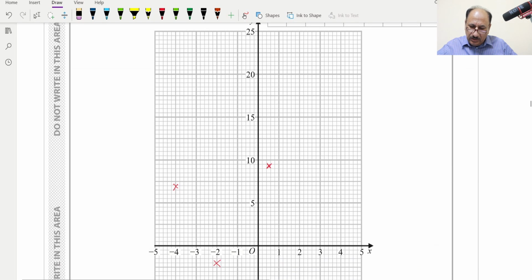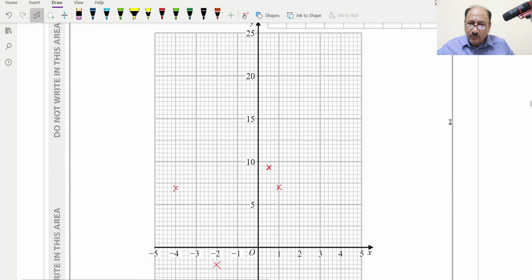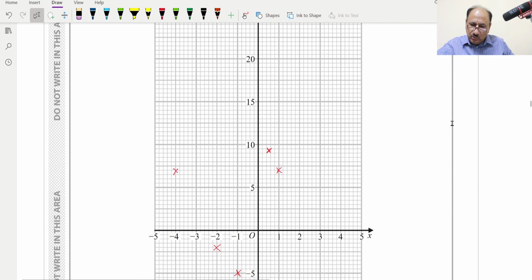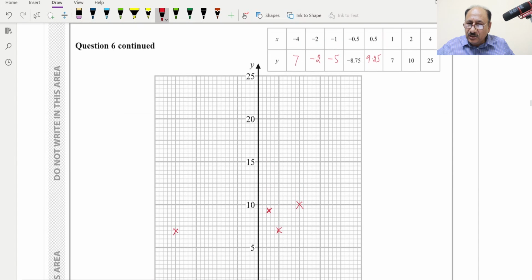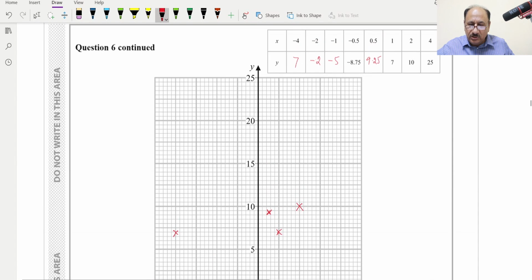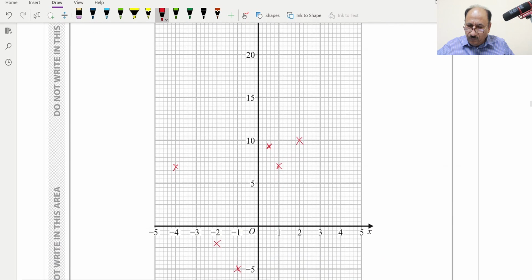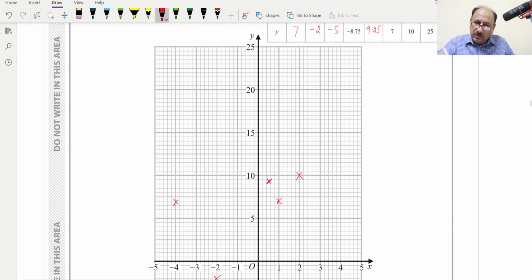So this point we got, 1 and 7, and the next point is 2 and 10. So 2 and 10 will be this point, and the next value is 4 and 25. So 4 and 25 is this top point.